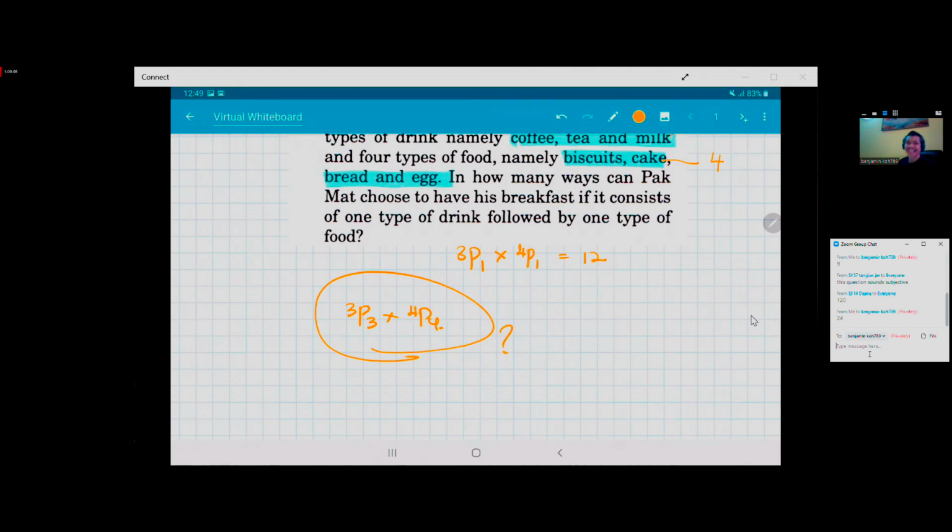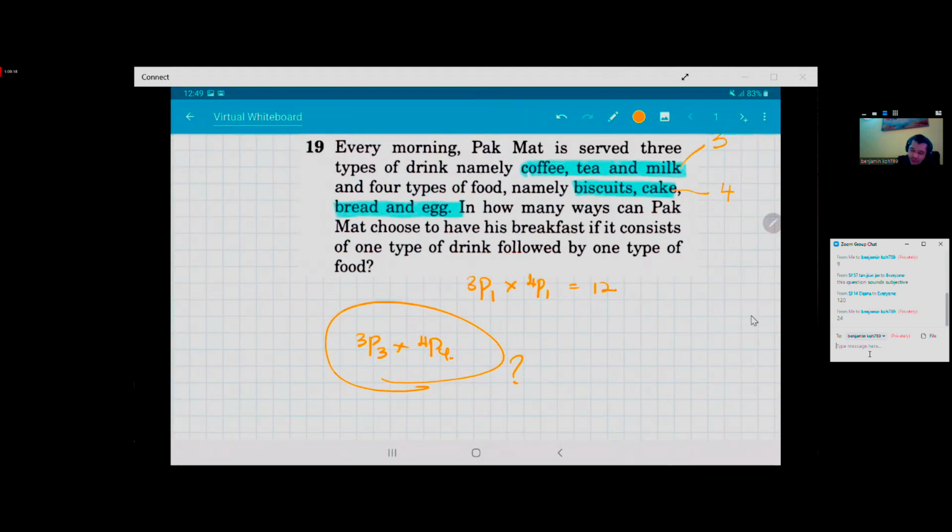Do you understand the meaning of 3P3? 3P3 times 4P4 bermaksud Pak Mat is a glutton. You know what I mean? Maksudnya, orang suruh dia pilih, nak coffee, tea or milk. 3P3 maksudnya dia hentam semua. Orang tanya dia, nak makan biskut, cake, bread or egg. 4P4 maksudnya dia ambil semua. I know, typical Malaysian, right? If you go to buffet, you see that. Okay? Yeah, later you become obese.